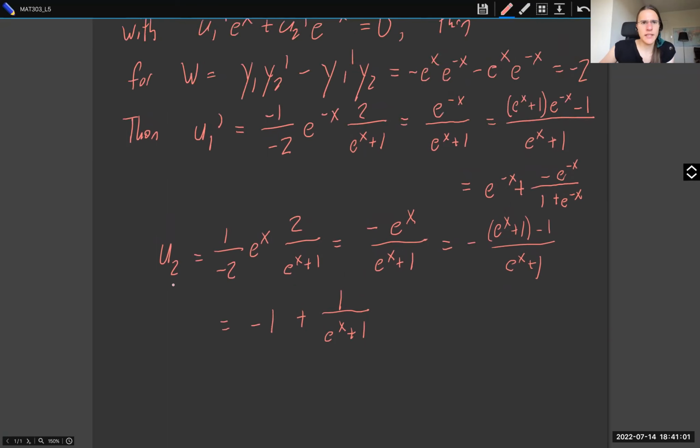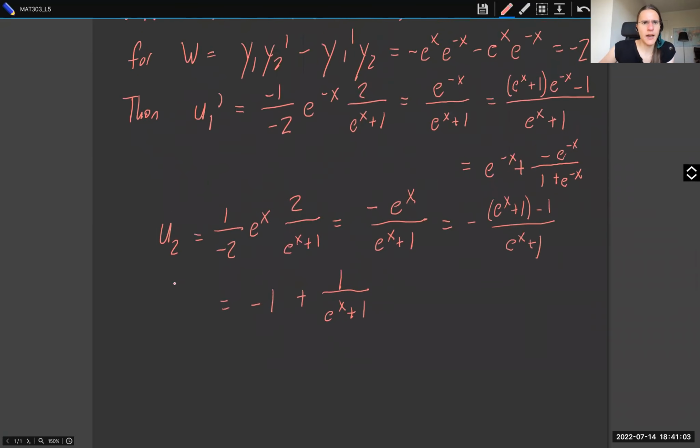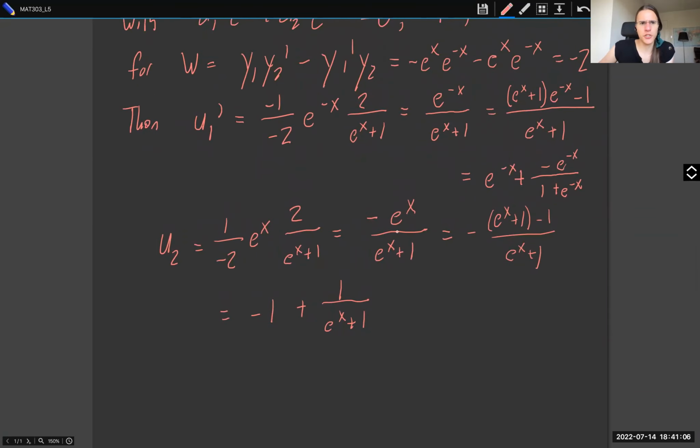And as a consequence, what we have, and then I should, sorry, this is u2 prime. Actually, I do not want to do it like that. I do actually want to keep it like this because the derivative of the bottom is now minus the top. This is better to integrate.